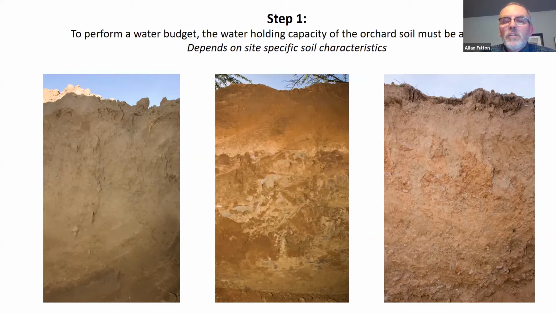The center picture is an Arbuckle soil series, a common ag soil on the west side of the Sacramento Valley. It tends to be recognized for having a fair amount of layering. It can have sharp differences in texture between clay and soils, with even the subsoils having a fair amount of gravel amongst the clay.